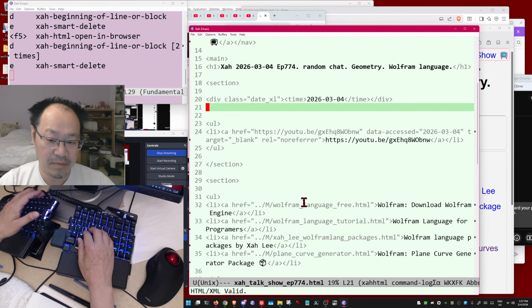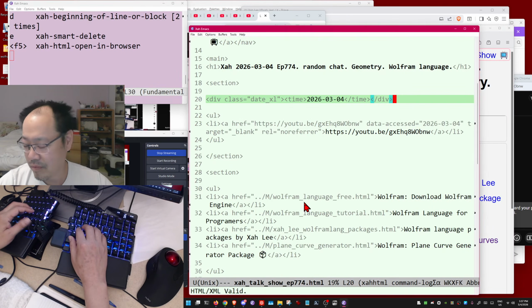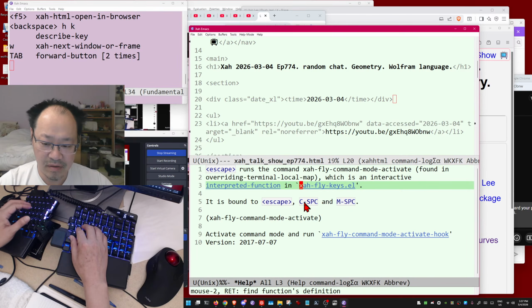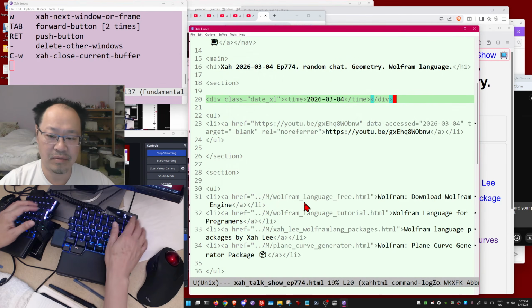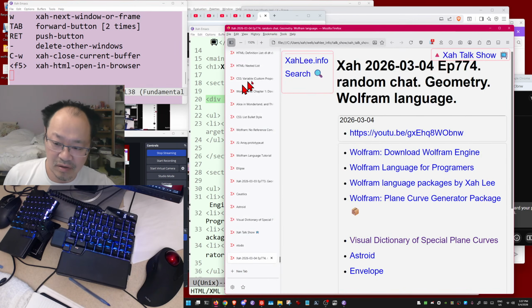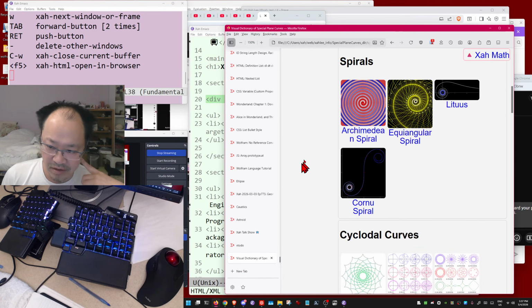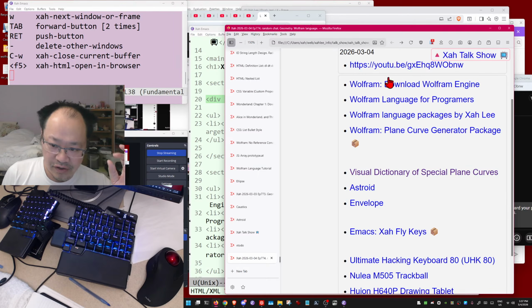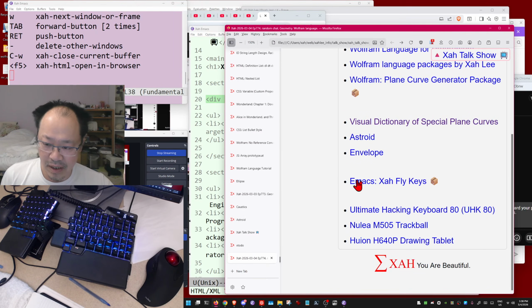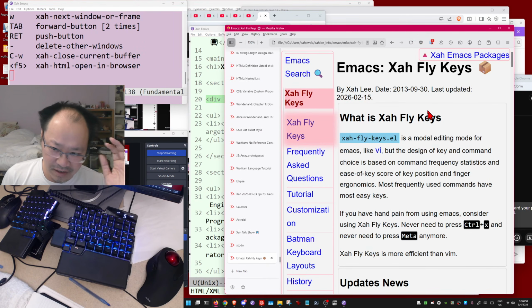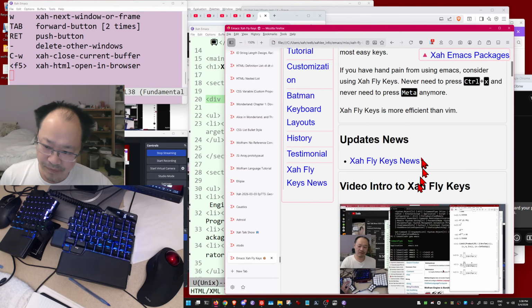And I'm using Emacs, of course. If you don't know already, let me show you a visual dictionary of spatial plane curves. Search for it, you'll find it. And I'm using Xah Keys, the most efficient key binding system in the universe, more efficient than Vim or NeoVim.